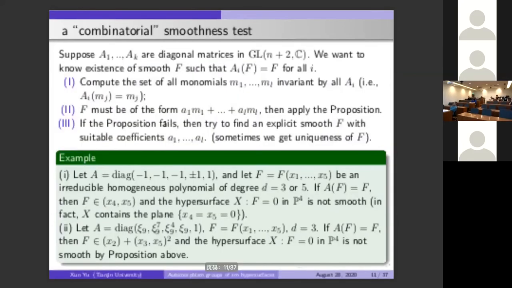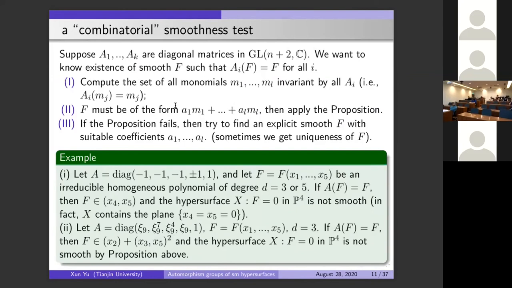So for example, let me quickly explain how to apply this combinatorial smoothness test. Suppose you have finitely many invertible matrices A1 up to Ak, and we want all those Ai to preserve this F. First step, you compute the set of all monomials invariant under those matrices.